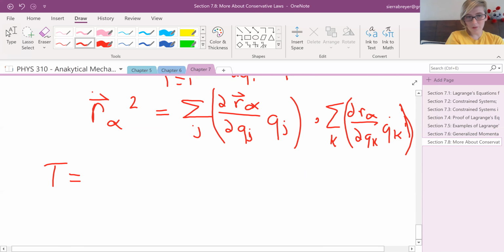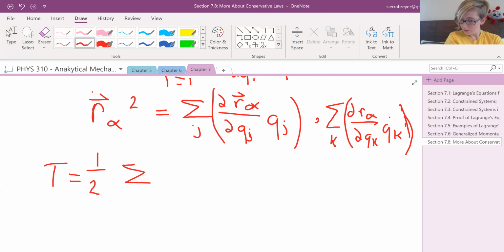Okay, so rewriting T, knowing all that, we're going to get 1/2 of an epsilon. This is the new notation. So it means this, and we're writing it in a new form.